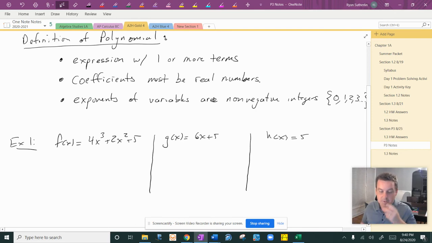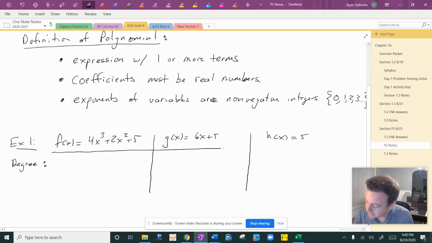When we have polynomials, one of the things we need to know is the degree of the polynomial. When we ask for the degree, what we're looking for is the largest exponent. So for instance, in our first polynomial, the largest exponent is 3, so this is a third degree polynomial.